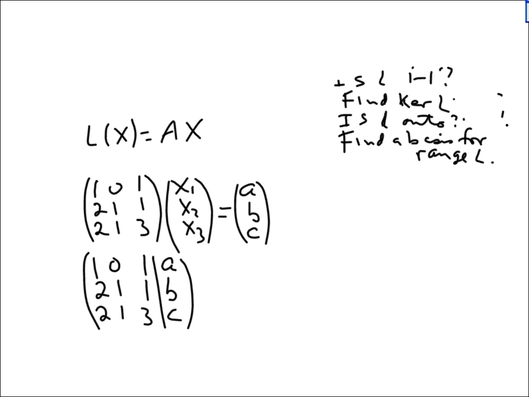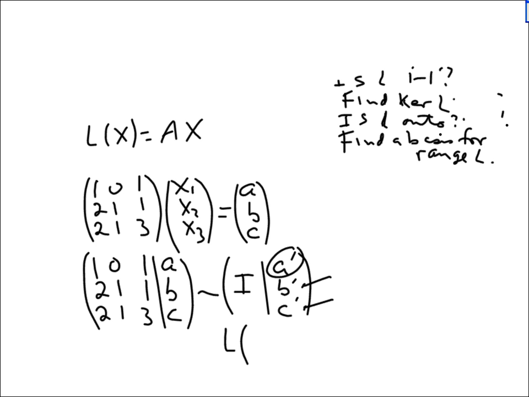Now, okay, you reduce it, you'll get the identity, you'll get different values here. That is, x1 will equal that value, x2 would equal that, and x3 can equal that. And then L of A prime, B prime, C prime would actually give you A, B, C, any arbitrary thing in R3.